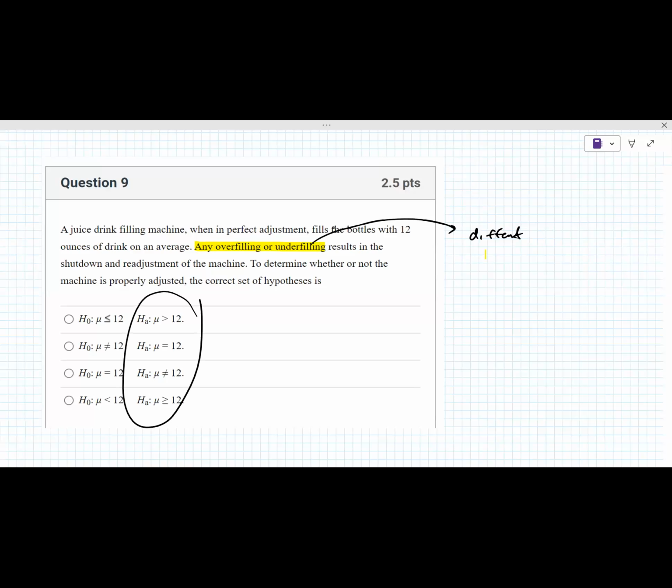You're looking in this column right here, that's different. Which one would that be? Not equal to. Yes. You will get a problem like that. It's not difficult if you know what words to look for and how to interpret them.